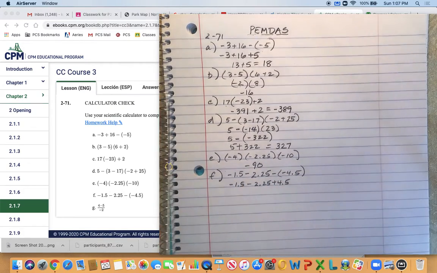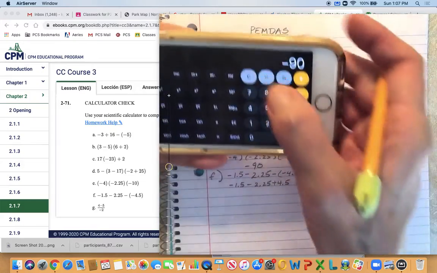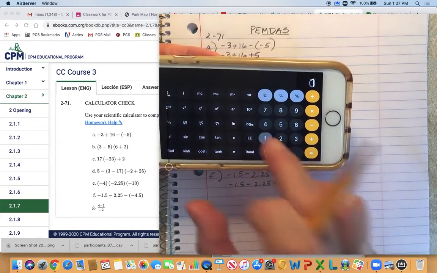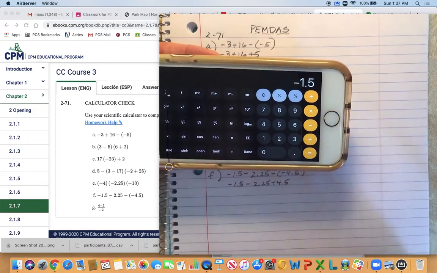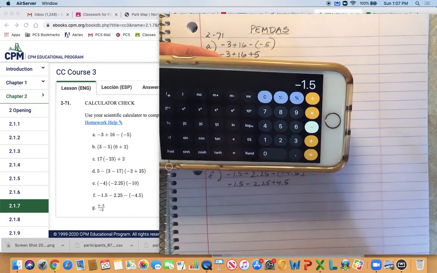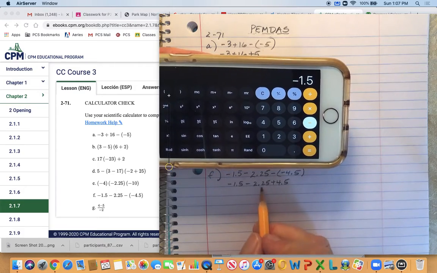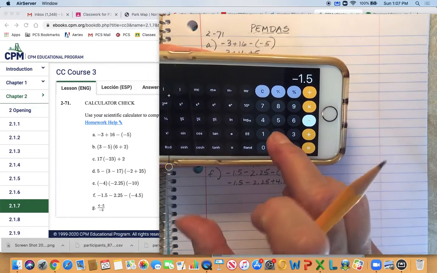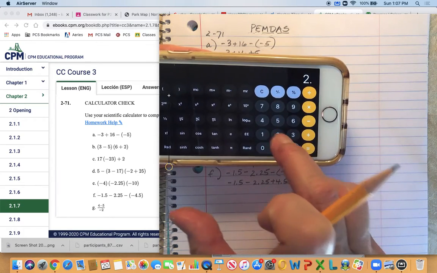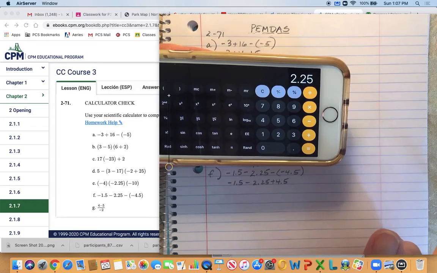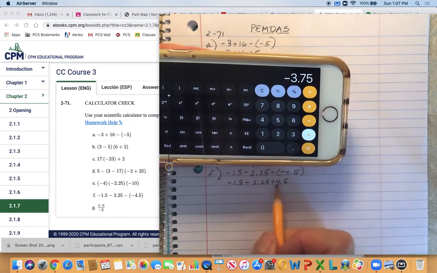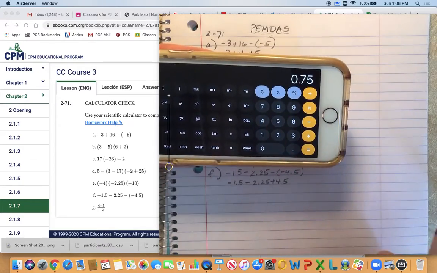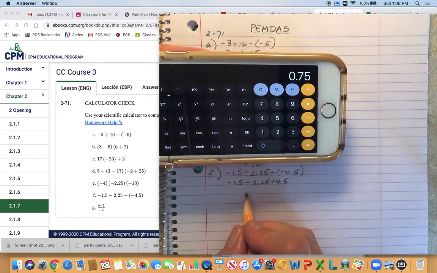But these are being subtracted and added. So here we go with the calculator. I'll clear it first. I've got 1.5, which I'll make negative, minus 2.25. Because I minused it, I'm going to put that in as a positive, 2.25, plus the 4.5, and that is equal to 0.75.